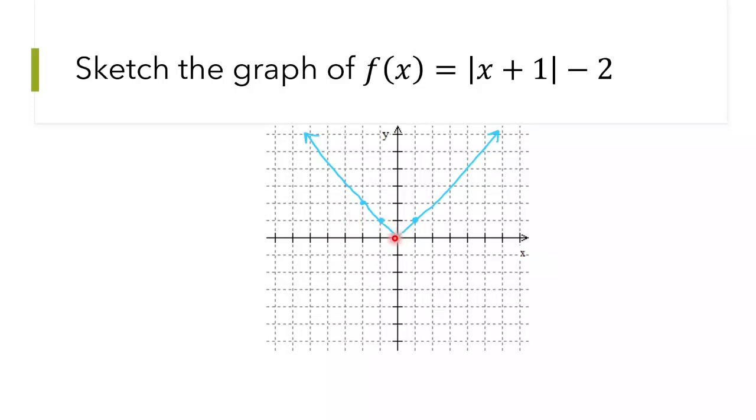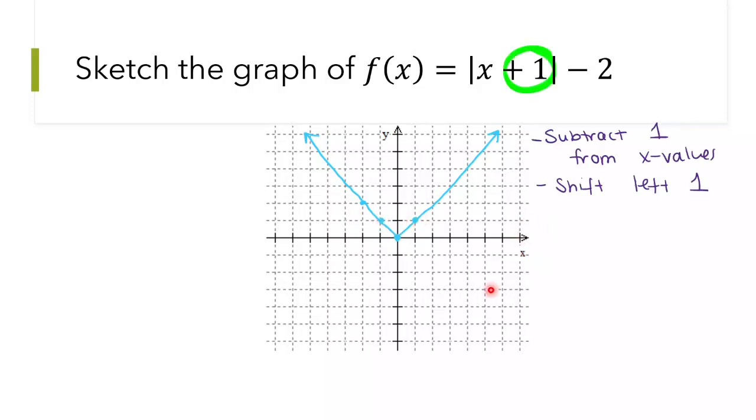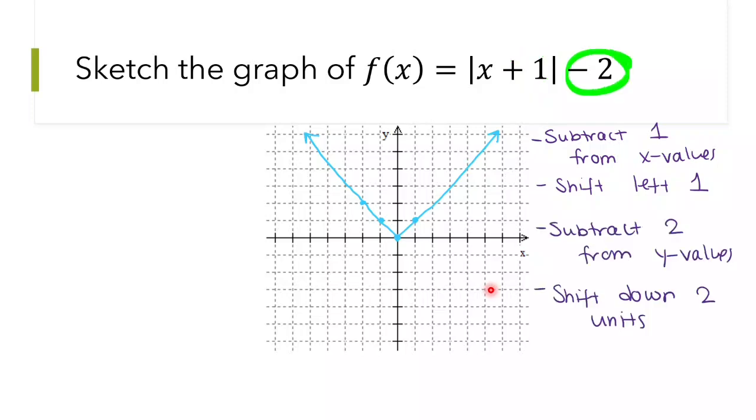Looks like that V, goes through the origin, (1, 1), (-1, 1). The plus 1 that is inside the absolute value is my input transformation. It's going to impact my x values, and I'll be subtracting 1 from all of the x values. That's going to take this graph and shift it to the left 1.